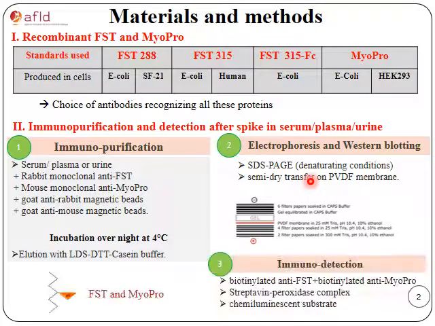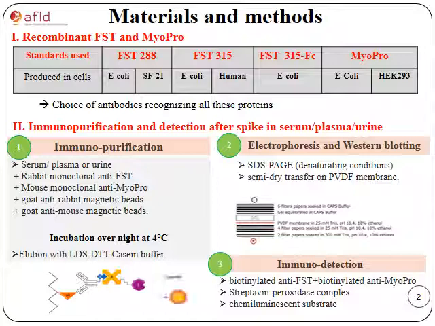And the next day, we incubate the membrane, which contains the follistatin and the MyoPro, with a biotinylated antibody against FST and MyoPro. After that we add the peroxidase complex, and finally we add a chemiluminescent substrate to detect FST and MyoPro.